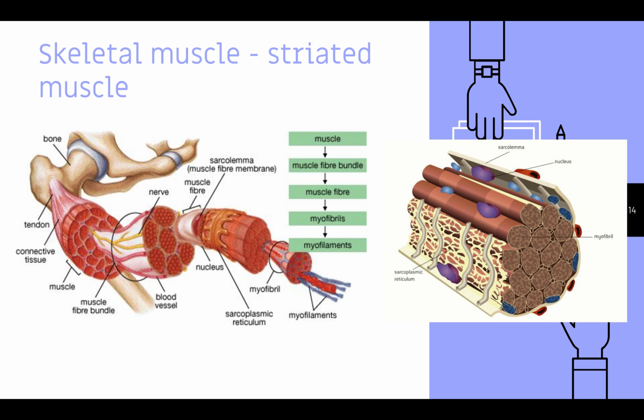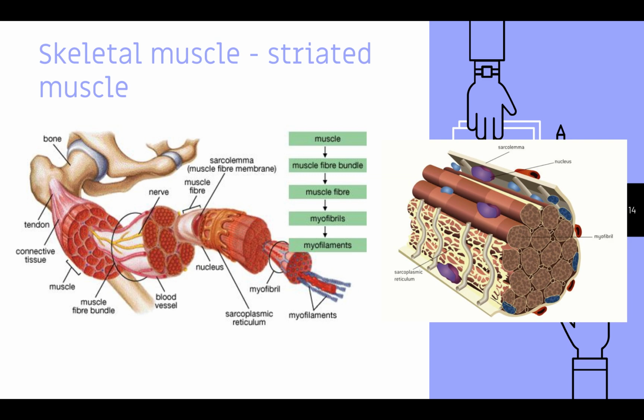And I felt like this was the best diagram. You have the actual muscle made up of muscle fibers. And this muscle fiber right here is made up of even smaller cylinders called myofilaments, right? So this is the muscle cell. The muscle cell is called a muscle fiber.